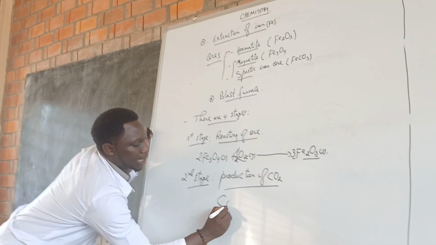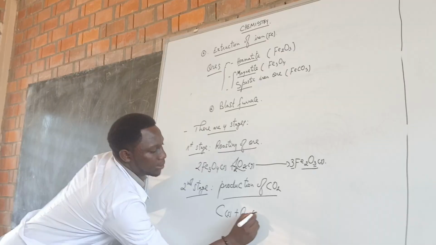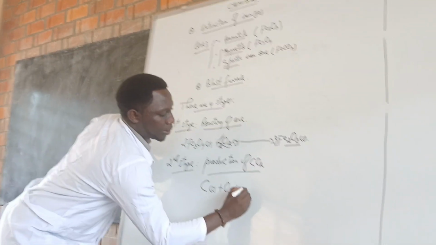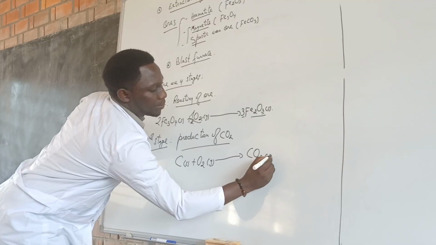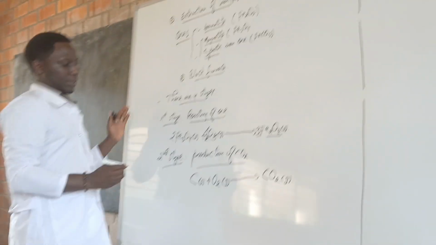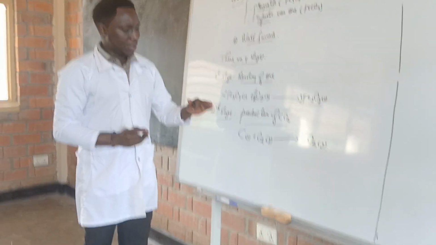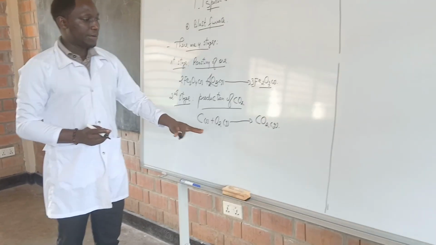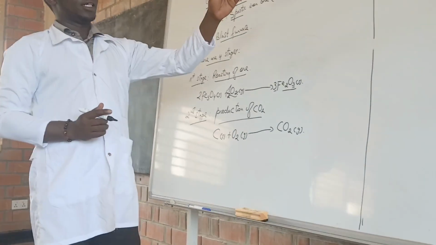We have to burn this coke, carbon reacting with oxygen, to produce carbon dioxide. This is the second stage, production of carbon dioxide, where we take coke and burn it to produce carbon dioxide.